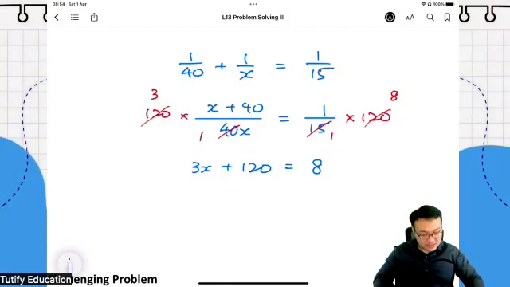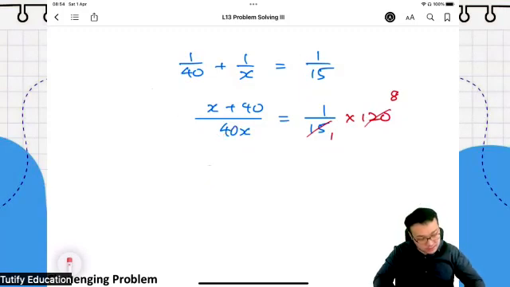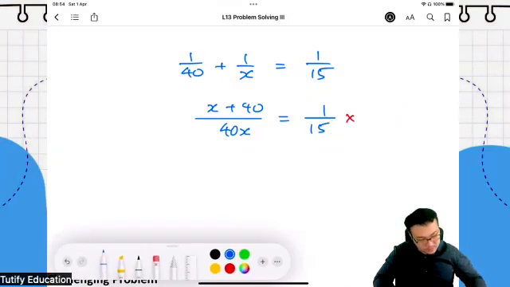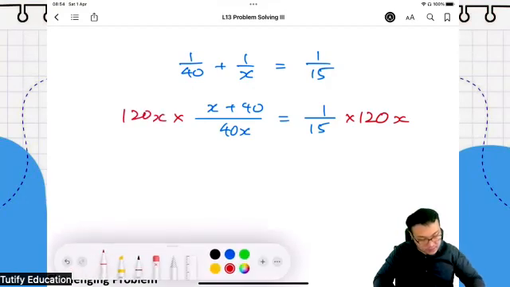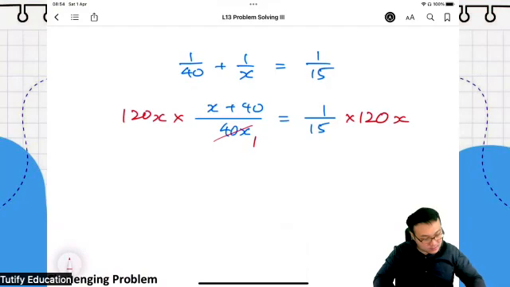Don't forget the... Sorry, I'm being very careless. Instead of multiplying by 120, you should multiply by 120x. So now I divide by 40x, divide by 15.